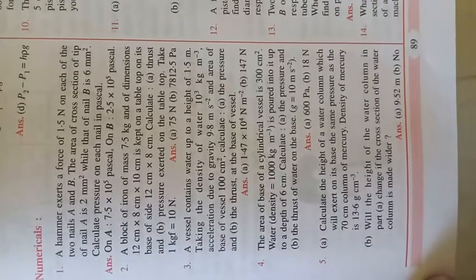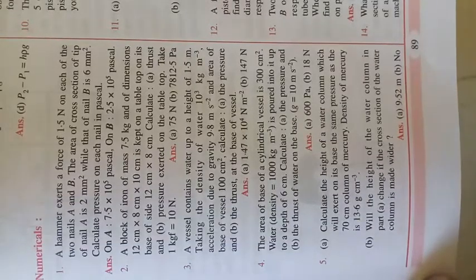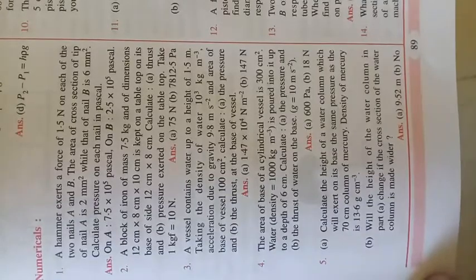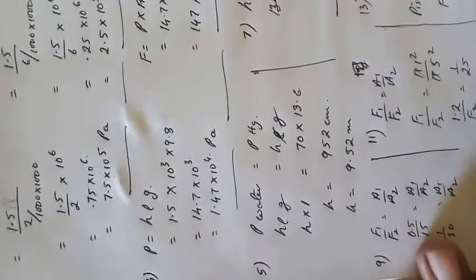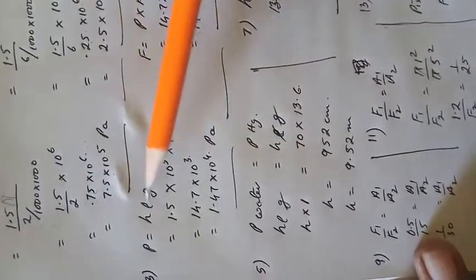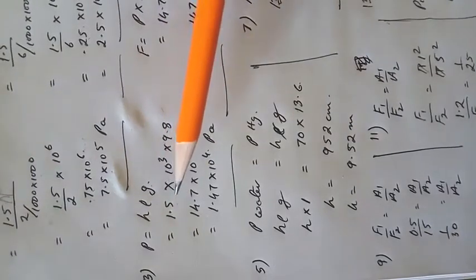The next one, number 3. A vessel contains water to a height of that. Take the density of water as that, acceleration due to gravity that, and the area of the base of the vessel that. Calculate the pressure and the thrust. So pressure is H rho G. Height is given, so many centimeters.